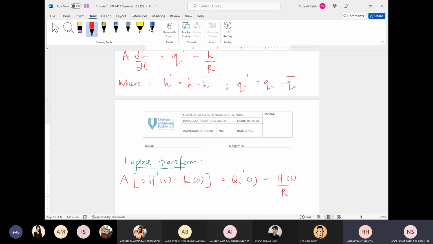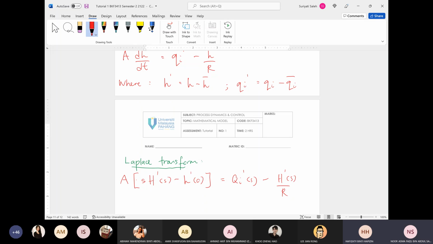So you can take a look on the left hand side, you have the differential equation A dH prime over dt. So we just take the form to become A s H prime S minus H prime 0. Meanwhile, for the right hand side, the Qi, the small letter q, becomes capital letter, and then you put the S bracket to indicate it has been Laplace transformed.